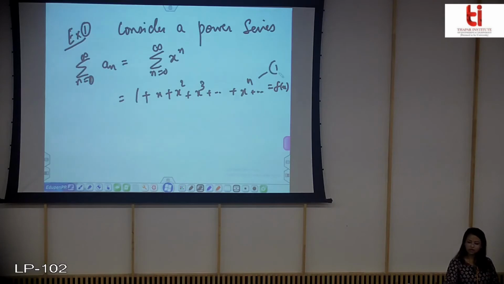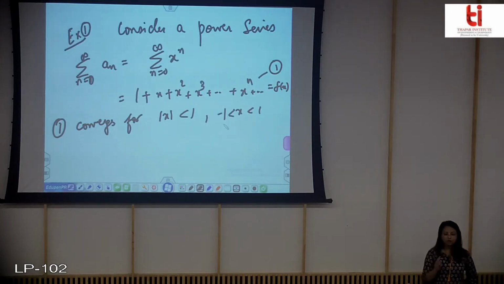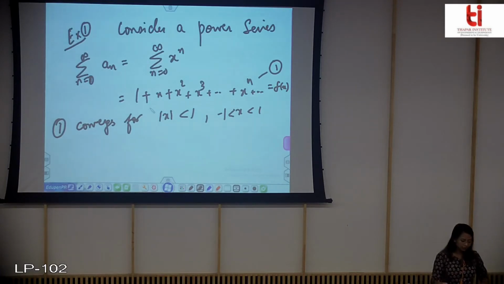Let us call this equation number 1. Now you know that this is a type of geometric series and it converges for mod of x less than 1. That is, if x is between -1 and 1, we will say that this power series 1 is convergent.